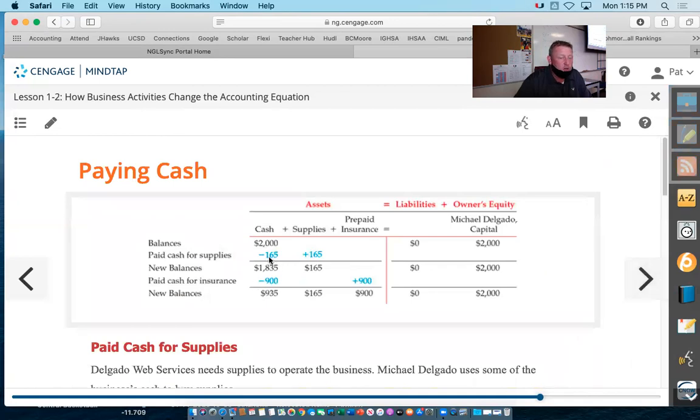All right, now we got two more transactions we're going to learn. What do you see here in this part, these two? They're underneath assets, right? They're on this side of the accounting equation. So supplies are things of value, and prepaid insurance are things of value. They're both going to be considered assets.